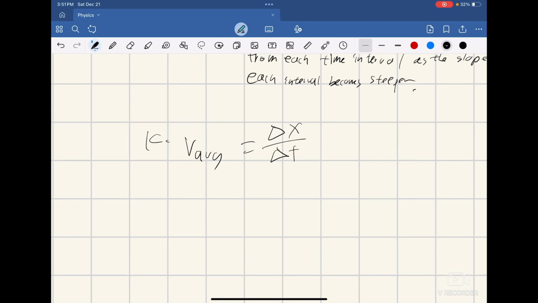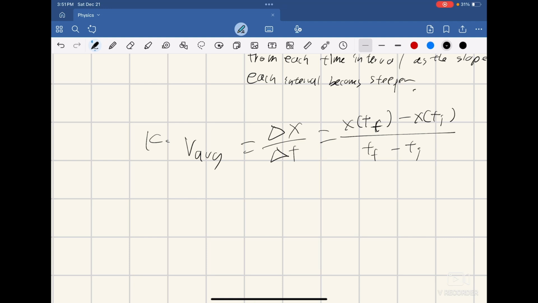And what we know about delta x, we can just rewrite this as x of t final, we'll just use f here, x of t f, minus x of t initial denoted by i, and we can do t f minus t i.